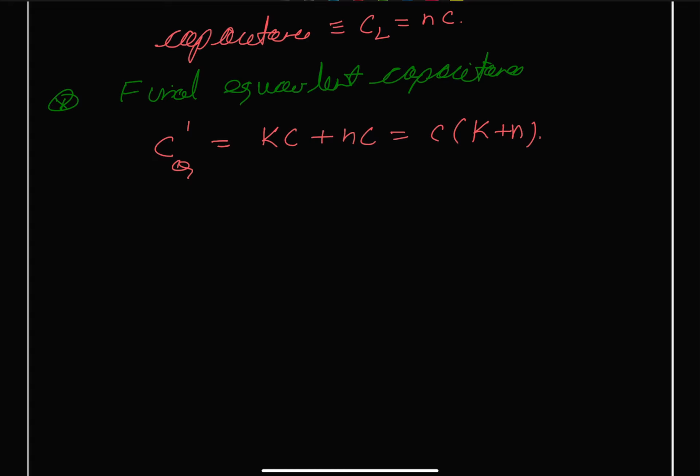and we can find out the new common potential, or we can say final common potential. Let us call that V prime, and the charge will be conserved, so therefore charge will be our Q total, Qt, and new equivalent capacitance, that is C equivalent.